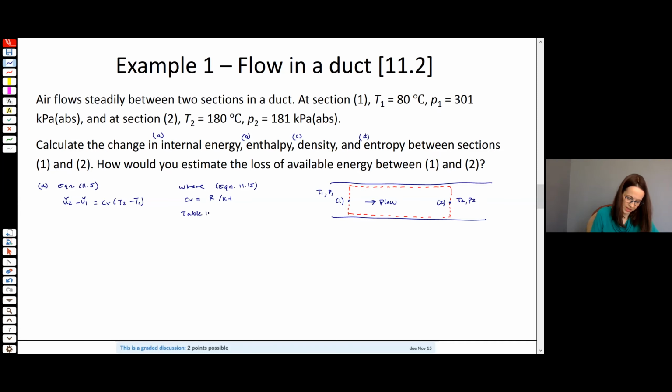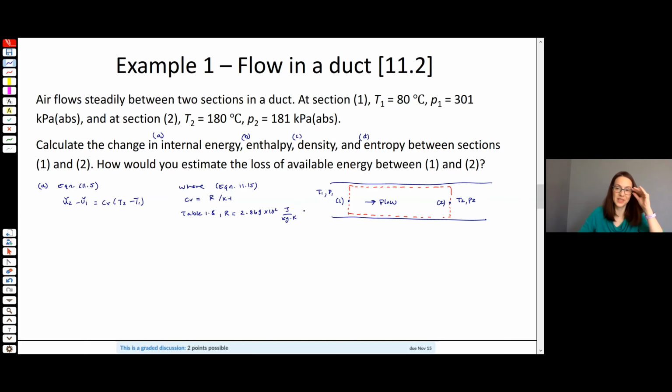I'm going to really go step by step in this first example so that you understand where every piece of information is pulled from. Table 1.8, for me, is on the inside flap of the hard copy of the textbook. It tells us that the gas constant for air is 2.869 times 10 to the 2 joules per kilogram Kelvin.